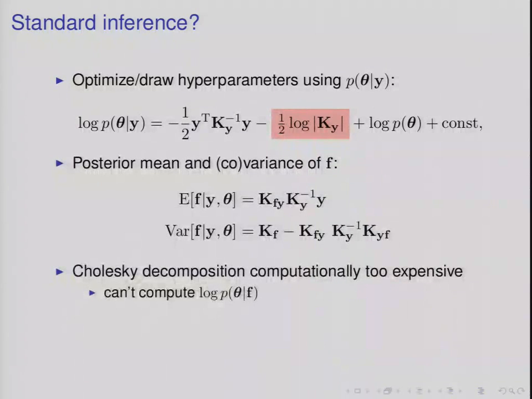And for the function values, we could compute the mean by using some iterative methods to solve the matrix-vector system. But to compute the variances, it would be too expensive to solve that matrix system.